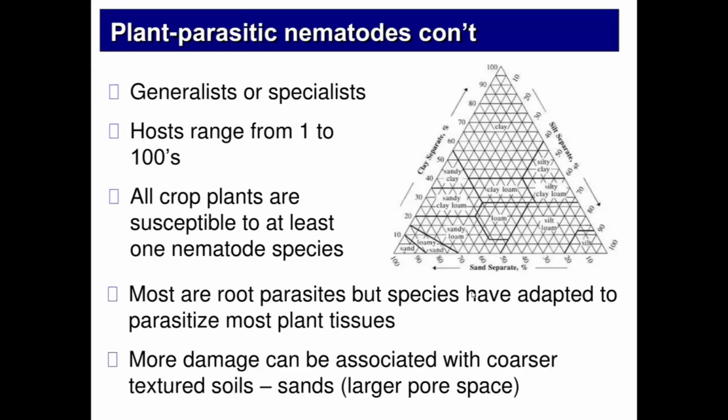And to note here that all crop plants are susceptible to at least one nematode species. Of course, most are root parasites, mainly carrying out their parasitic activities on the roots. More damage can be associated with soils that are coarser in nature, soils that have a lot of large pore space, because once there is a large pore space, the nematode is able to thrive and get more oxygen and cause more problems.